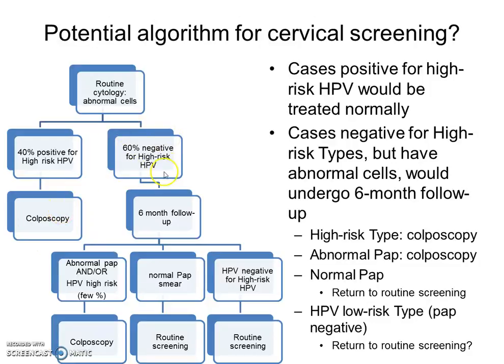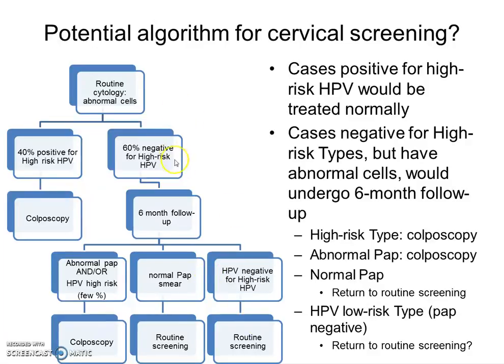If they're negative for high risk HPV, maybe don't even do any treatment, call them back in 6 months' time, repeat the pap smear, repeat the HPV test. If they're still positive, or if they are now positive for high risk type, colposcopy and treatment. If they're normal, go on to routine screening and come back in a few years. If they're negative for a HPV high risk type, go on to routine screening.